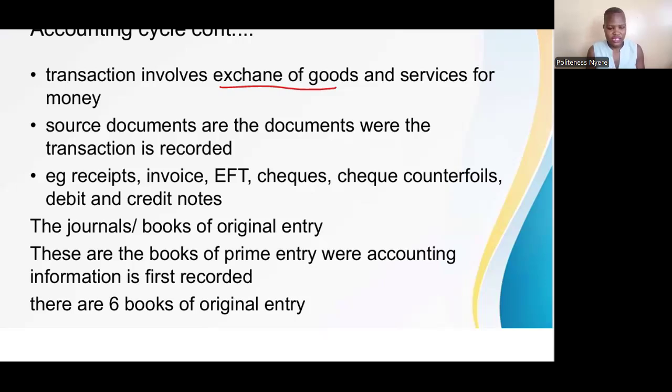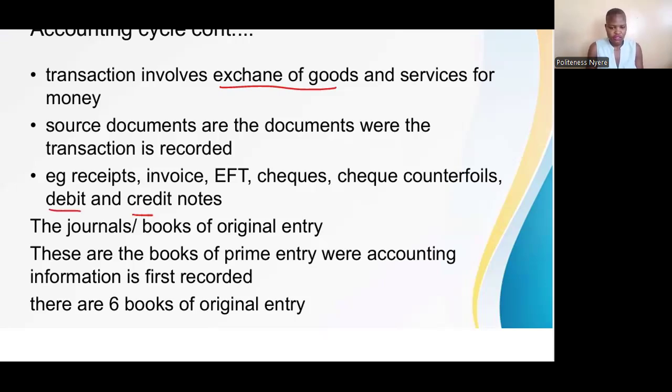Then EFT. These days, people rarely use checks. We are using EFTs. Those EFTs can be messages or whatever, and they are also a source document, or a source of accounting information. In the past, we had checks, check counterfoils, and debit and credit notes.